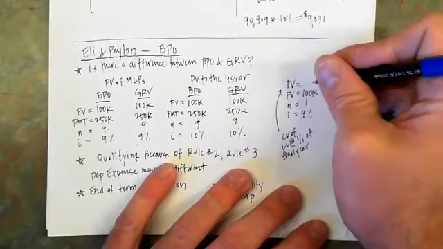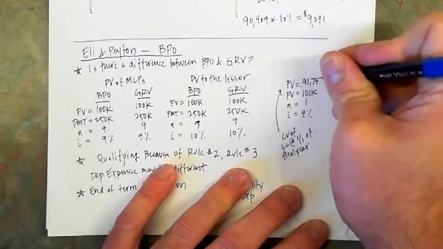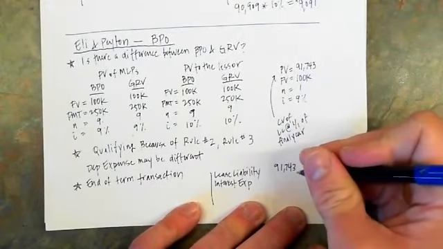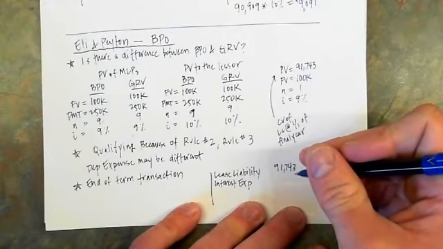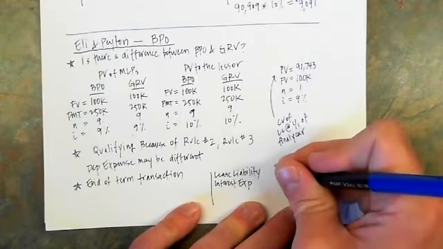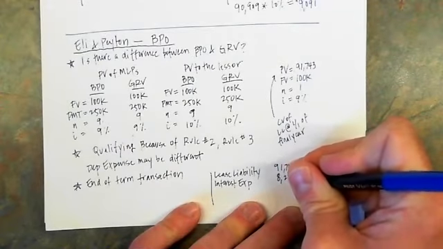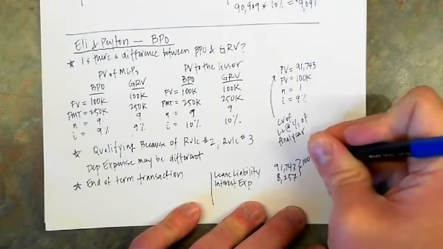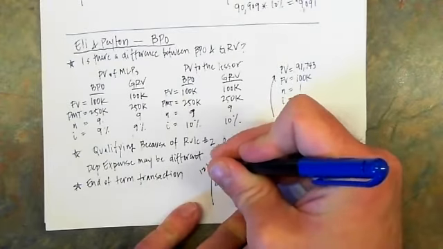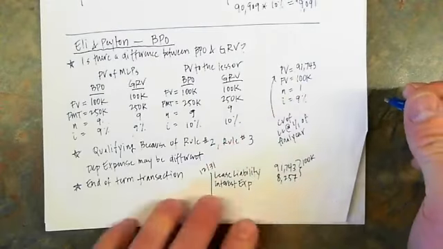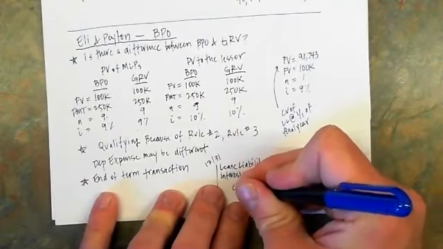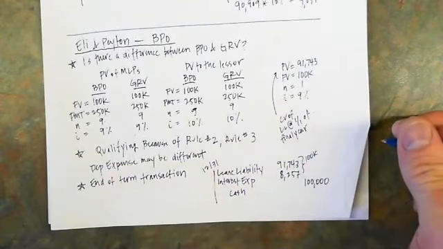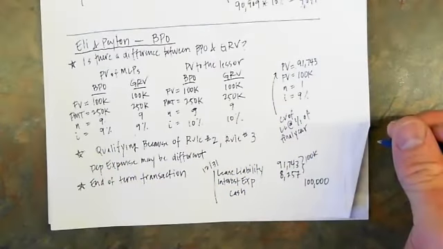That would be $91,743, just as it was in the GRV. We would have interest expense of $8,257, which again brings me up to my, at the end of the year, $100,000 value, and I would pay cash for $100,000. All right.